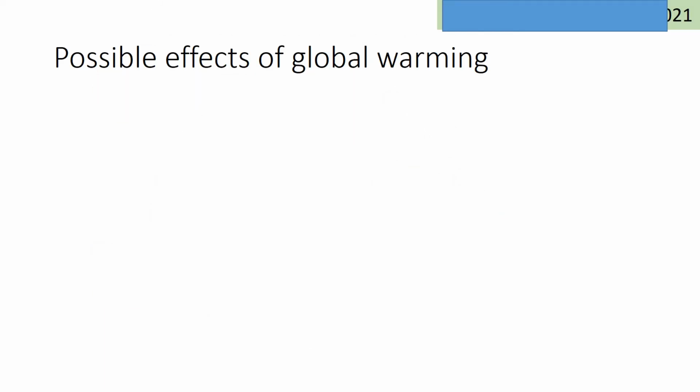So, possible effects of global warming: rising sea levels, loss of low-lying land. So there are literally some countries that within the next 100 years will not exist. Tuvalu and the Maldives are two island countries where their average sea level is below 2 meters.